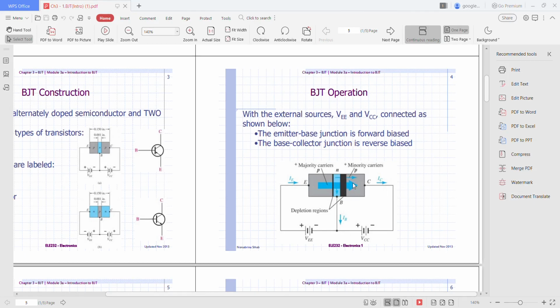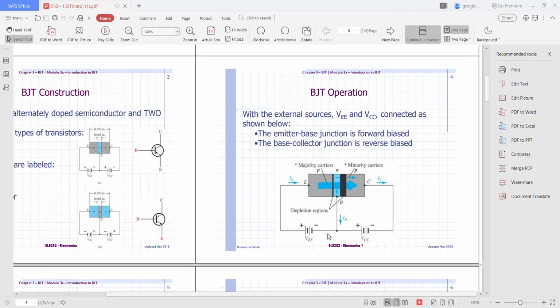It depends on the connection of the source. The connection of the source can change. This is the positive polarity and this is the negative polarity, same as this one. If you change the direction of the polarity, the current will move like this.